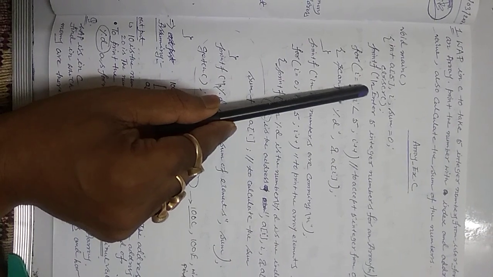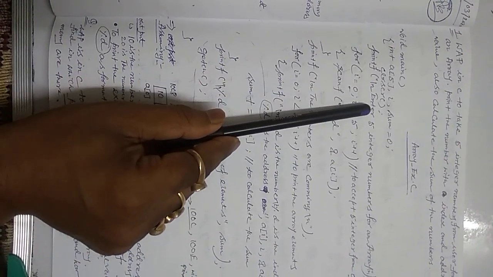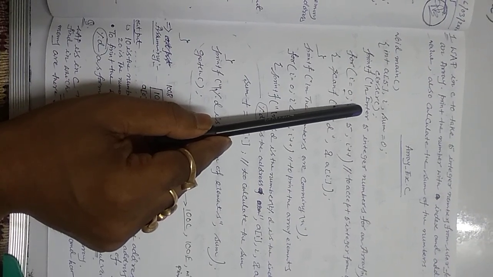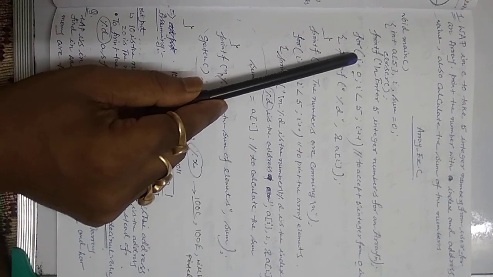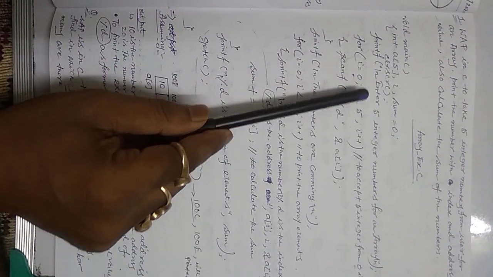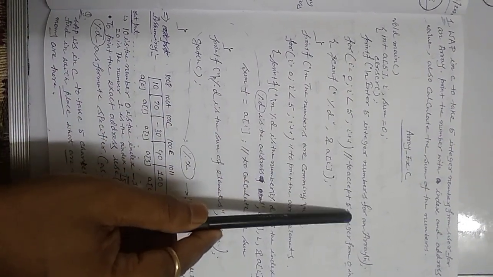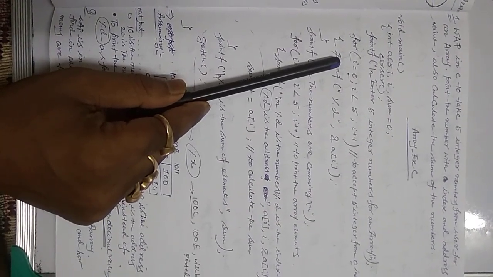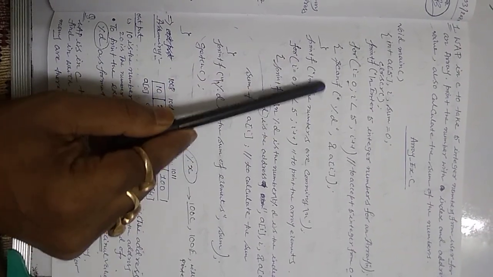Then we know that clrscr is a very helpful library function which will clean the previously printed things on the console. Then we'll write printf "enter 5 integer numbers for an array". Now we need a loop for the repetitive job for scan.